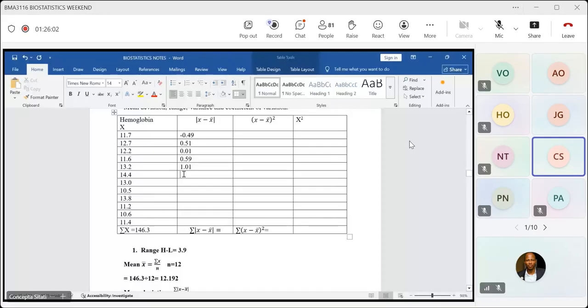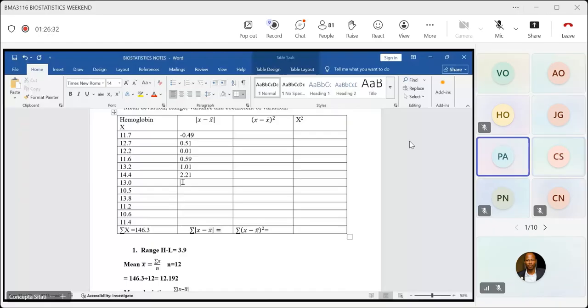Next: 2.21, and the value above should be negative. 11.6 gives 0.81, and that should be negative. Next is 0.59.